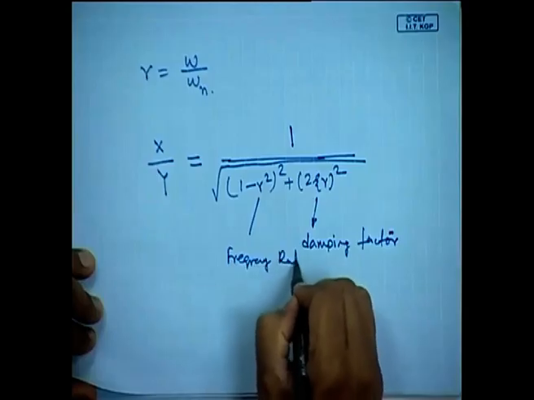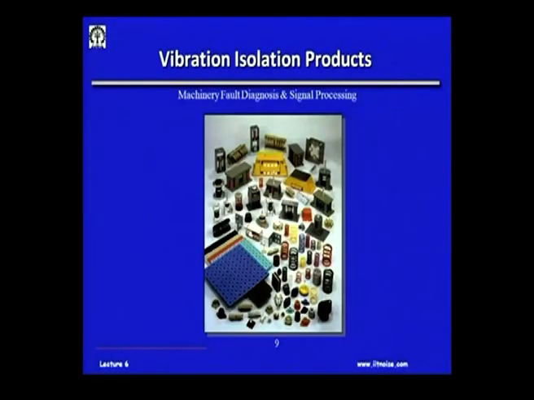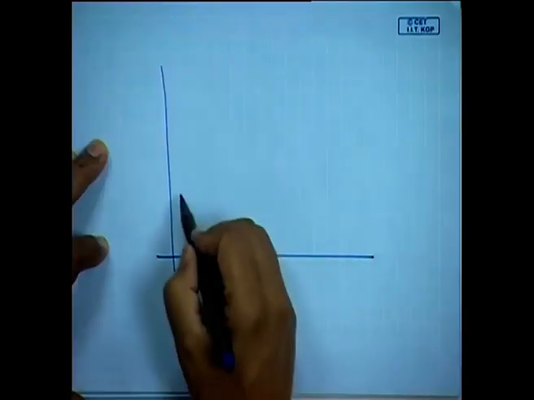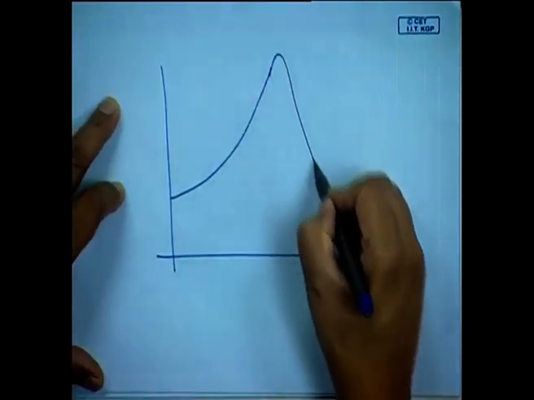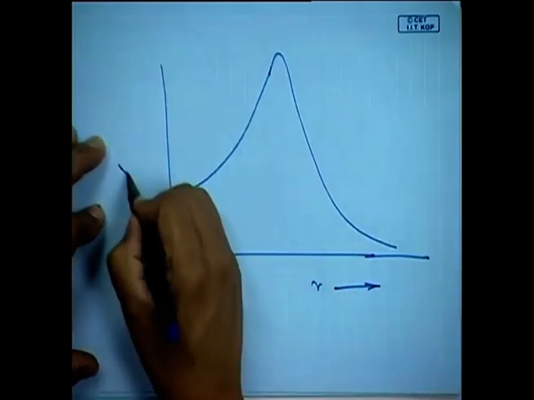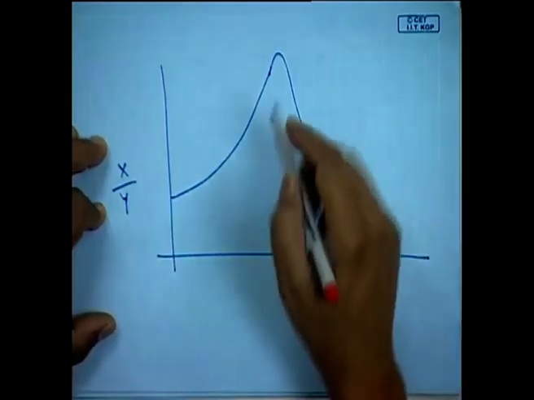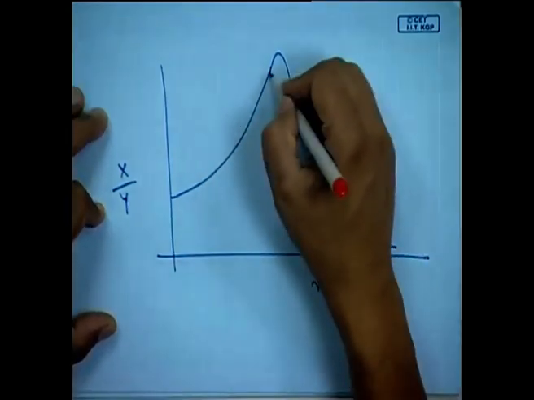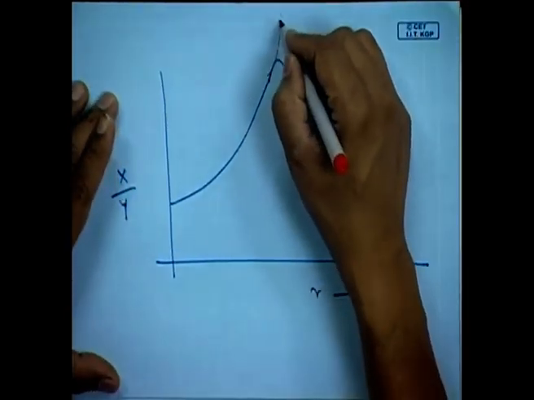Now, if I plot this, if you look at the typical vibration response plot, if the damping is very less, what happens is the amplitudes go up.